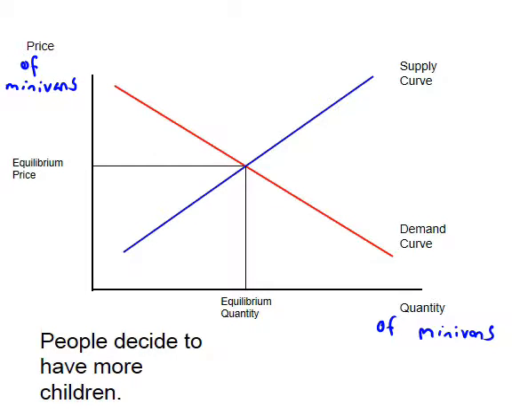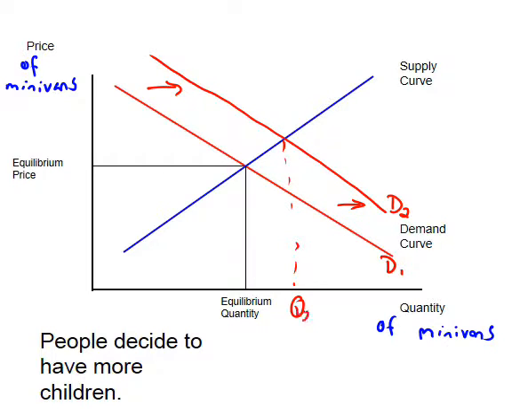If people decide to have more children, then the demand will increase for minivans. So the demand curve will shift from D1 to D2, Q2, Q1. And here's our new price, P2. So we can see that price has gone up and quantity demanded has increased.